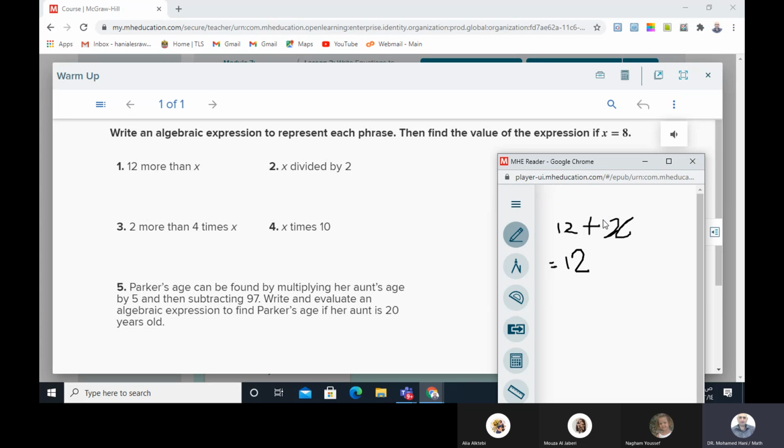Now the value of x will be 8, so 12 plus 8. The value will be 20.